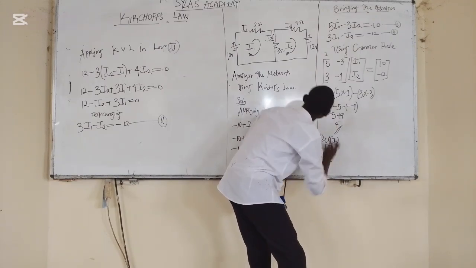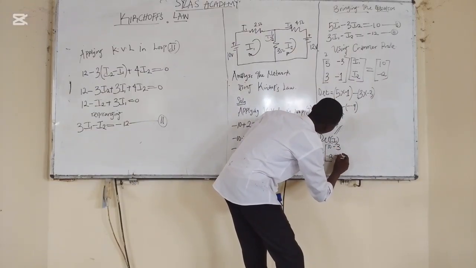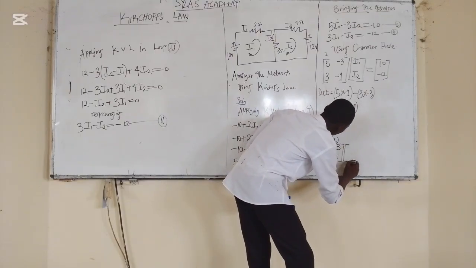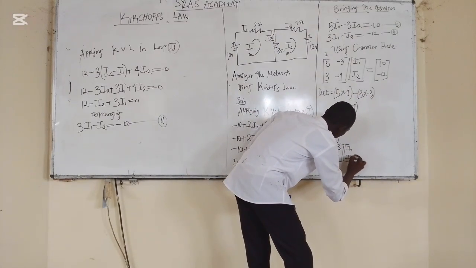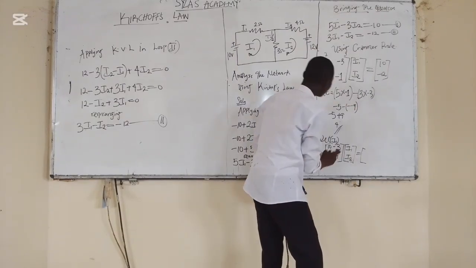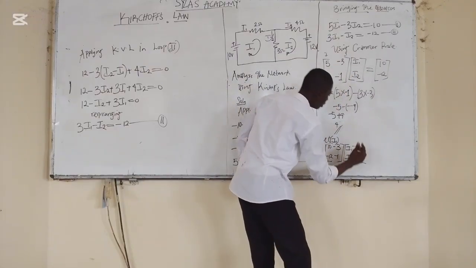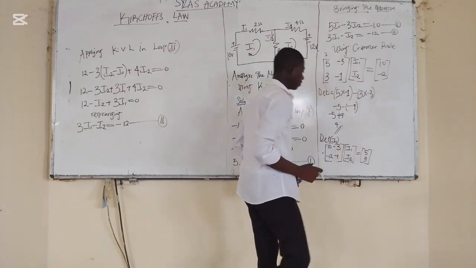Put this one, you have minus 3 minus 1. Bring back the current 1 and current 2 is equal to what? Since you have replaced this one here, you are going to put this one back, so bring it here to be 5 and 3. Are you following now?